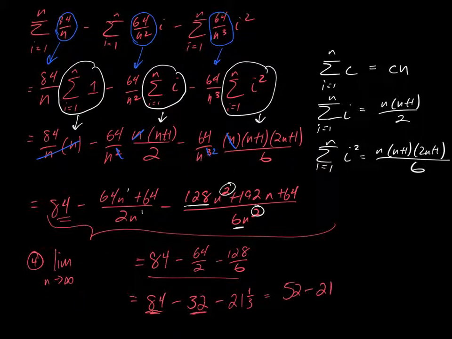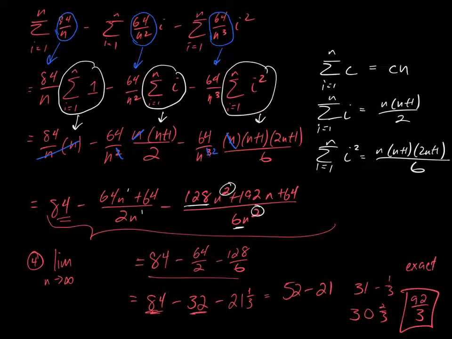Minus 21. 52 minus 21 is 31. Minus 1/3 is 30 and 2/3, or if you like, 92 thirds. So this would be the exact or the true area for the function given. I believe it was 25 minus x squared equals f of x on the interval 2 to 6.